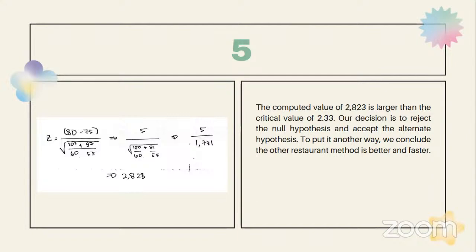So the computed value of 2.823 is larger than the critical value of 2.33. Our decision is to reject the null hypothesis and accept the alternative hypothesis. To put it another way, we conclude the handmade method is better.